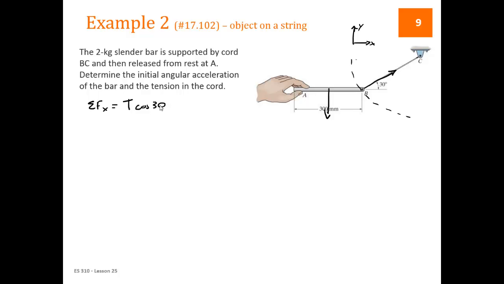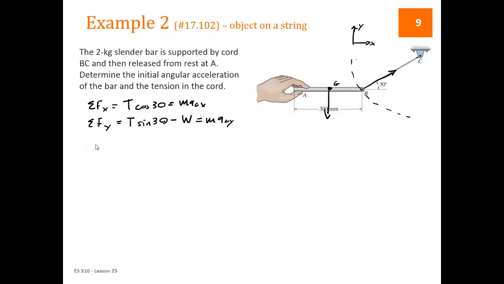Then in the y direction, we'll come back to the accelerations in a second, we have the tension as T sine of 30, also positive because it's going up, minus all of W, the weight pulling it down. This is going to be equal to mass times the acceleration of the center of gravity in the x direction. This is our center of gravity in the middle of the rod. And this then is going to equal mass times the acceleration in the y direction.